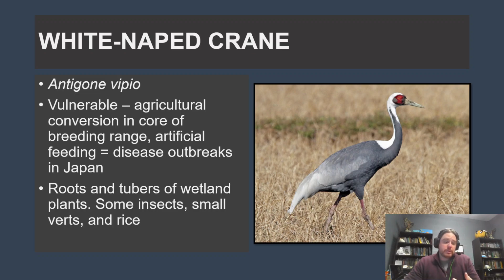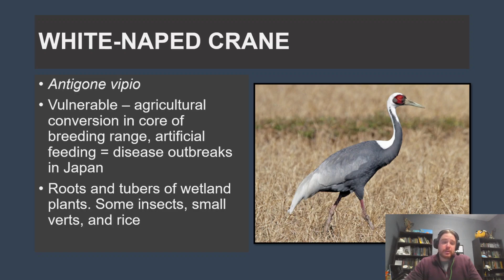They are fed artificially in Japan, in one of their major overwintering areas. This has been noted as causing disease outbreaks, and other species of cranes that also visit that area of Japan that get fed artificially have also been susceptible to these disease outbreaks as well. So this is something else that has threatened this species.